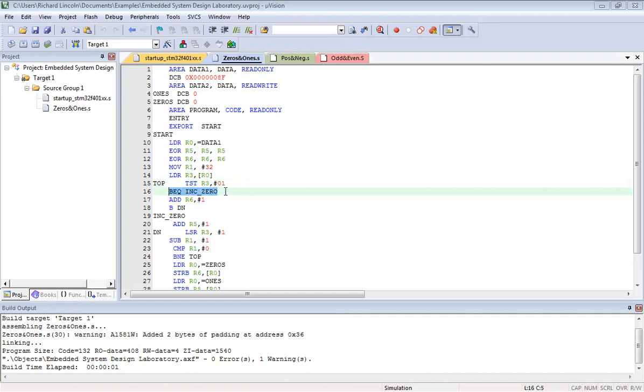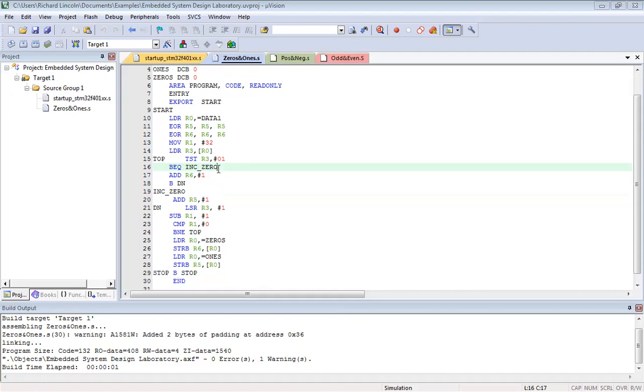If a branch is equal, then I will increment zeros. When I say equal, which means Z is going high. If Z is going high, it means that it is throwing me a 0 value, so I will increment zeros. So it will branch to the loop which is named increment 0 and it will come here.